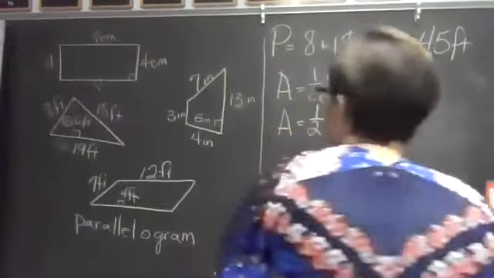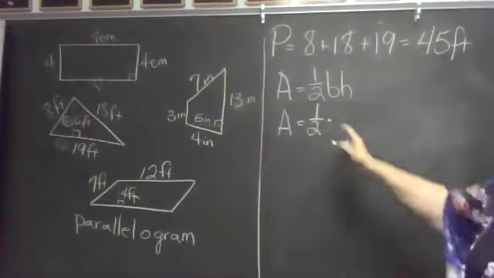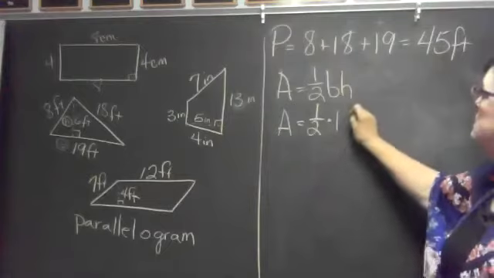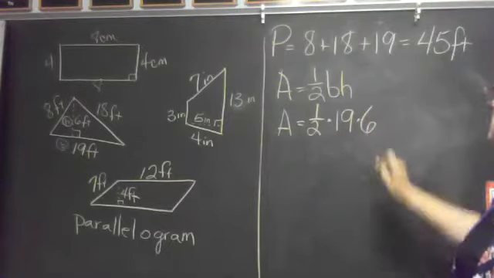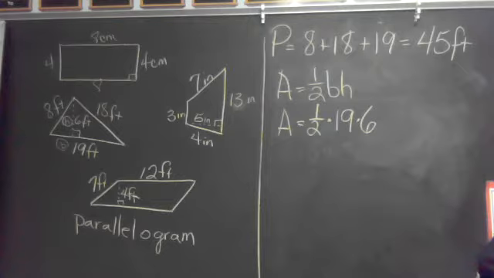So we've got 1/2. The base is 19. The height is 6. It comes to 114 and 57 foot squared.